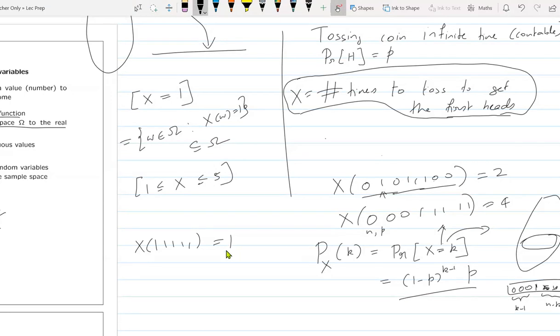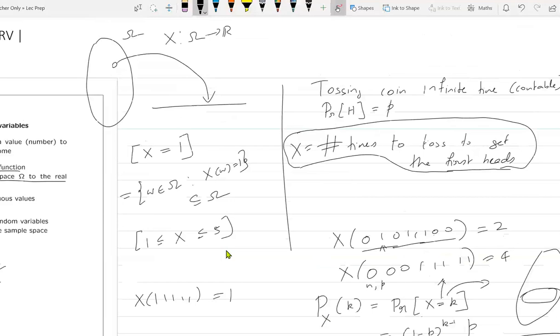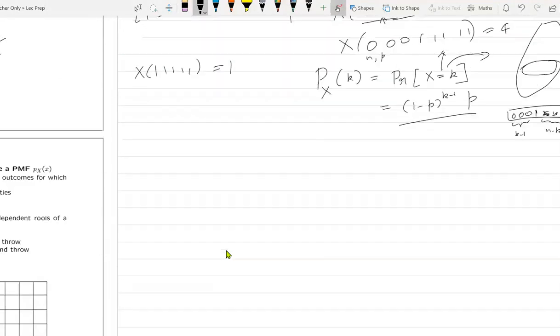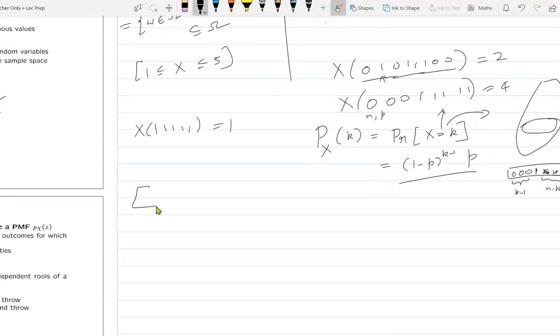Okay, so we have seen what this is. So what is the expected value of this random variable? On average, how long should I wait to see a head? Summation of k into p into 1 minus p raised to the power k minus 1.